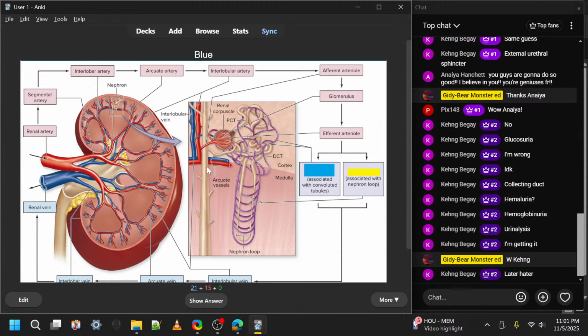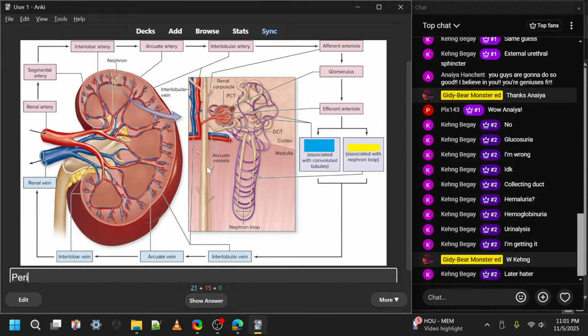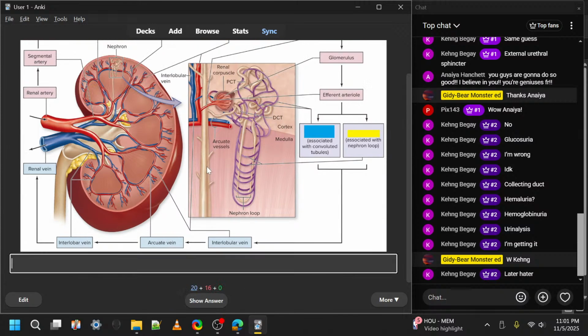The blue is the peritubular capillaries. And the yellow is the vasa recta.